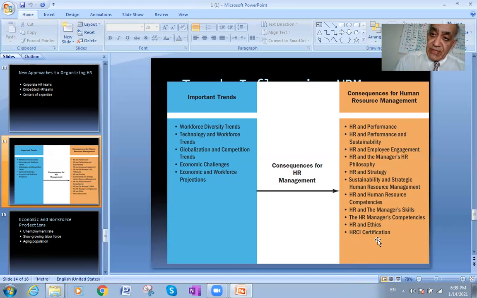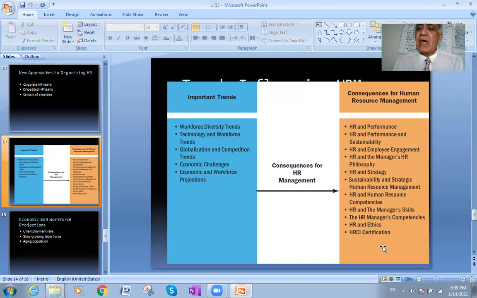So human resource management is affected by all this, and as a consequence, we have to have a new human resource that is able to deal with the changes in technology, the changes in economic challenges, the changes in globalization and the effects of globalization on local or domestic and international companies as well, the multinationals.